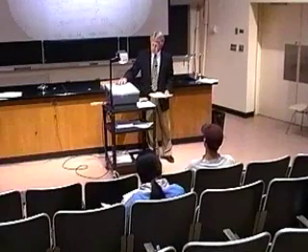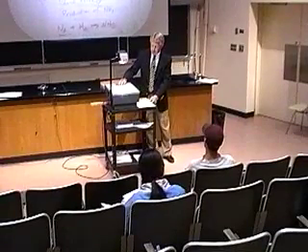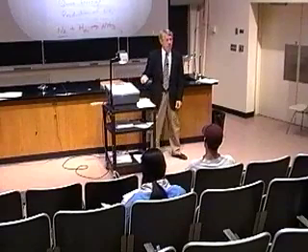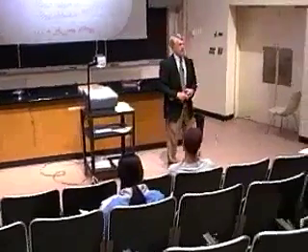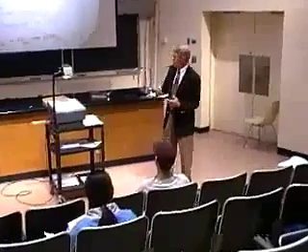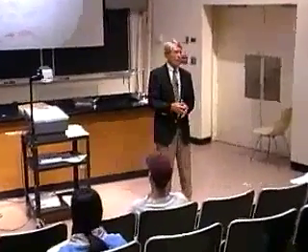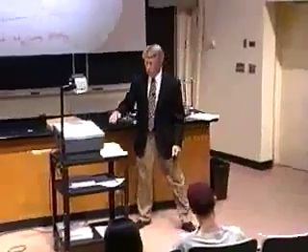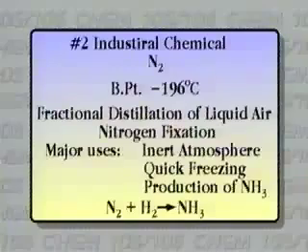In our last lecture, we were looking at some practical applications of two more industrial chemicals, and we had looked quite extensively at the number 2 industrial chemical, which was nitrogen.